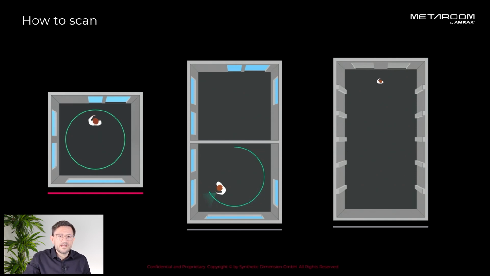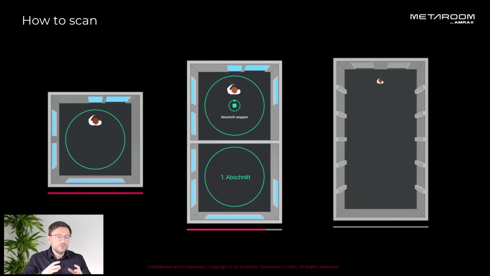What already becomes a little bit more, let's say, where you need maybe a little bit more experience is if you go into multi-room, because then you change from one room to another, and specifically the movement of changing through the door needs some best practice that we will show you today, how to do it in the perfect way.